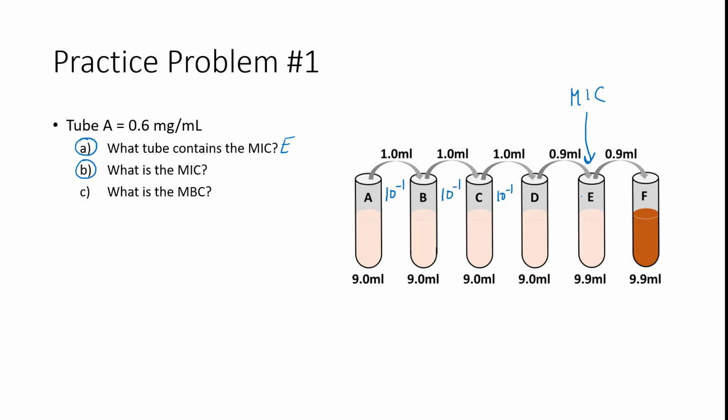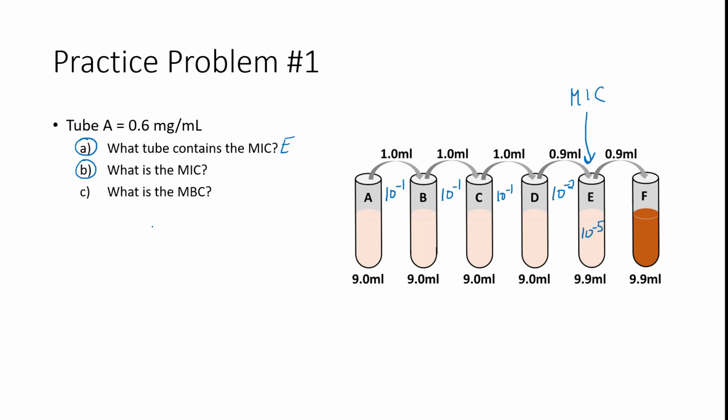From tube D to E, it's 0.9 mL inoculum into 9.9 mL diluent, so that is a 1 in 100, so that's a 10 to the minus 2. So the total dilution factor into tube E is 1, 2, 3, 4, 5, so a 10 to the minus 5 dilution there.